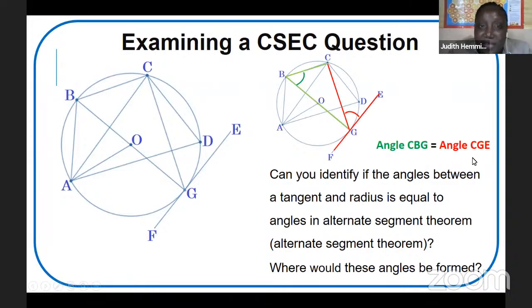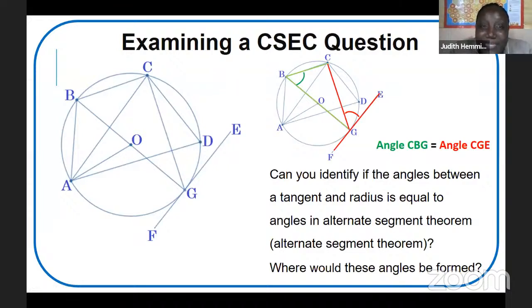The angles that we expected you to identify, because we just did one pair but we are going to identify the second pair together, is CGE. Let me see if I'm seeing that one in anybody's response. And CBG. Yes, Shaniqua had that. But there's another pair that we didn't put in this diagram.